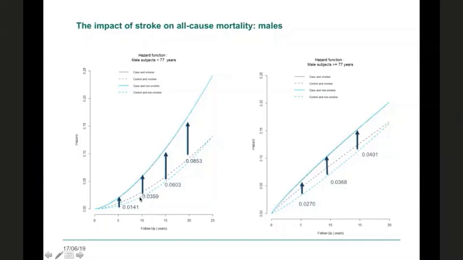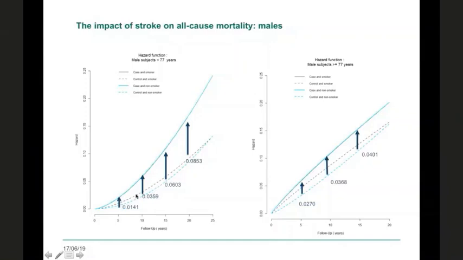So as we can see, the shift from the blue dashed line to the gray dashed one is very small. That is, the effect of smoking is smaller compared to the effect of stroke. So that is the change from the blue dashed line to the solid line.